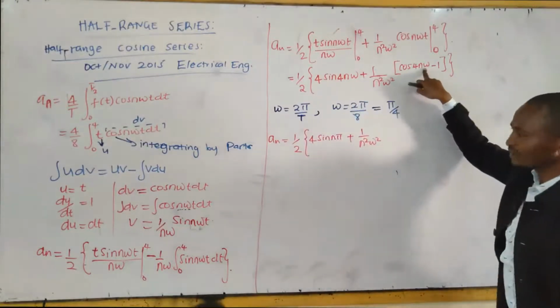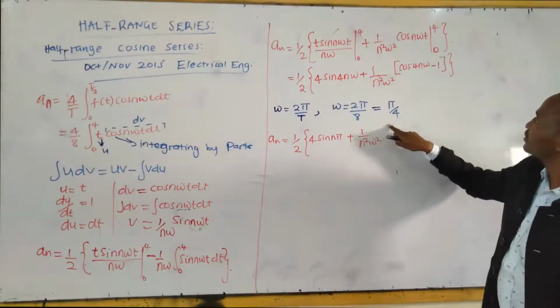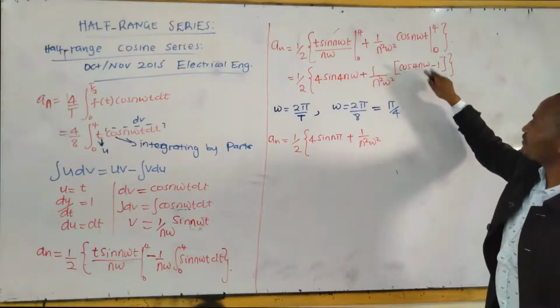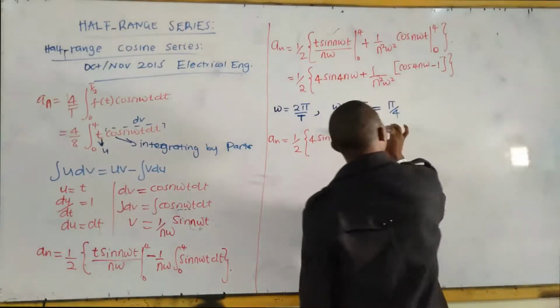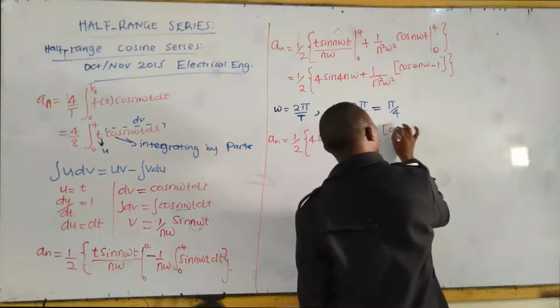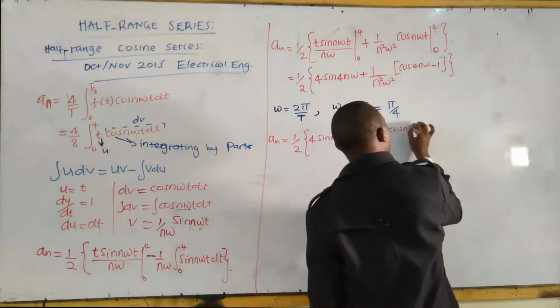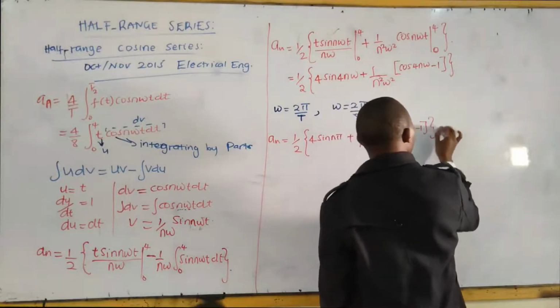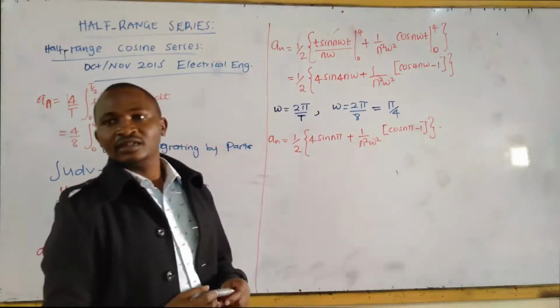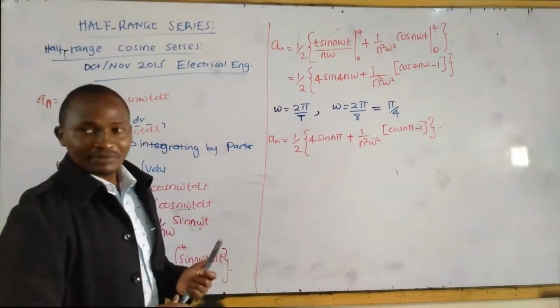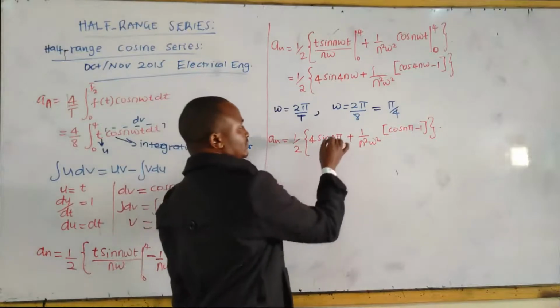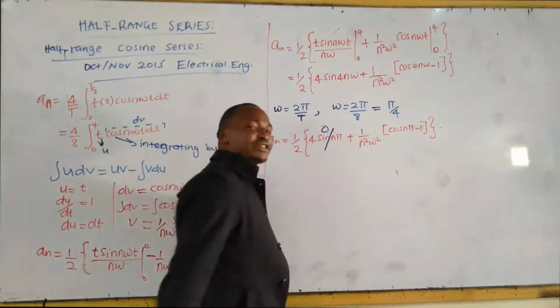When you have this omega, substitute pi over 4. It will be 4n times pi over 4, which will give you cosine of n pi minus 1, then close this bracket. We have said quite a number of times, sin n pi is always 0.